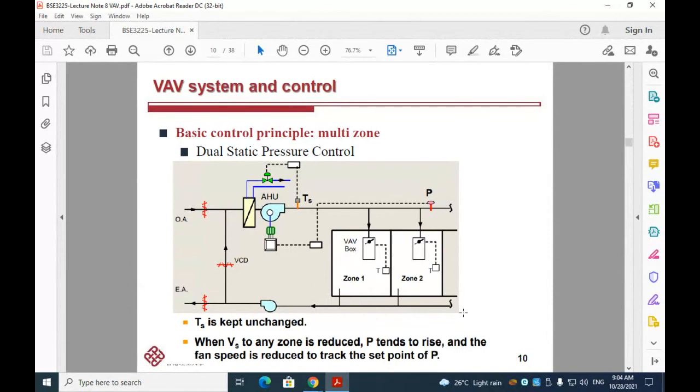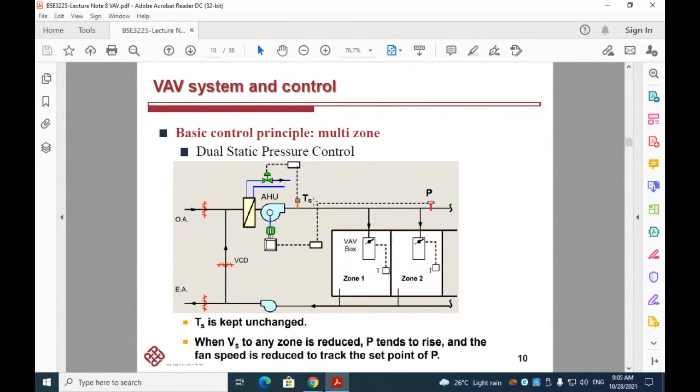And this is a further illustration on the realization of the dual static pressure control. So you can see that we have a primary air handling unit supplying air, for example, to these two zones. So we have single zone VAV box control for each of the zones. And then we have a primary pressure sensor here.